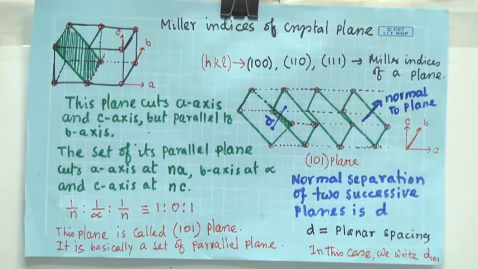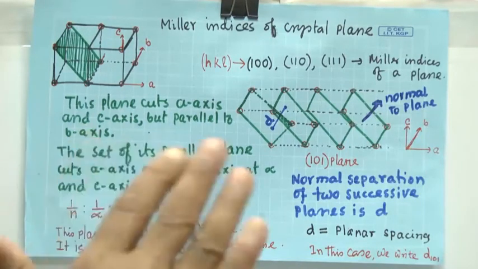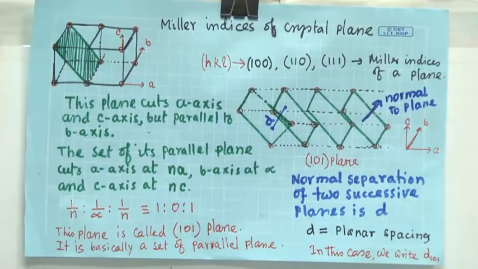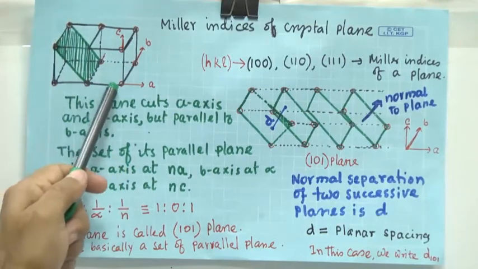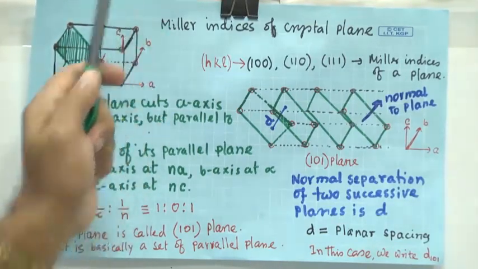We see where that plane, or other planes parallel to it, cut the a axis, b axis and c axis. Here I have shown one plane. If it is the a axis, the b axis, the c axis.